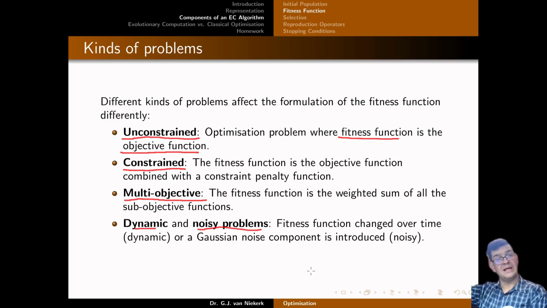Here, the fitness function might change over time. Or there might even be a Gaussian noise component that's introduced to get some more variety in the fitness function itself. But the point is the fitness function needs to adapt over time in order to solve the problem. So that's a noisy problem or a dynamic problem.